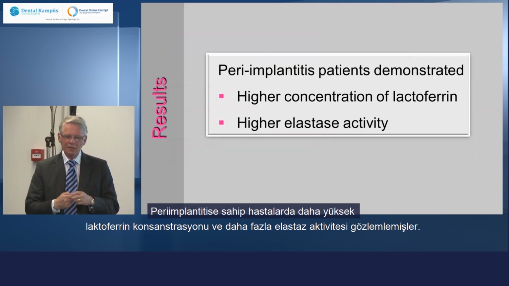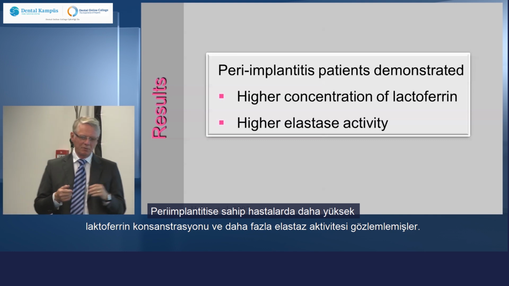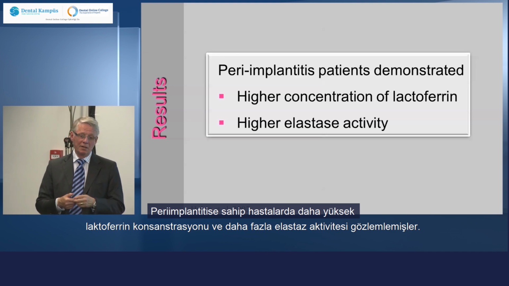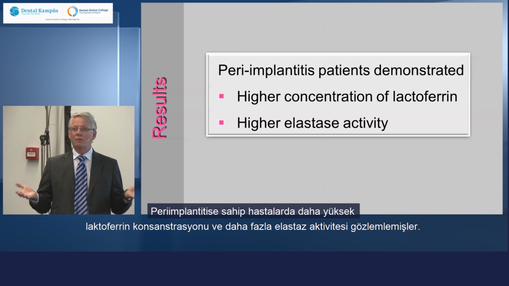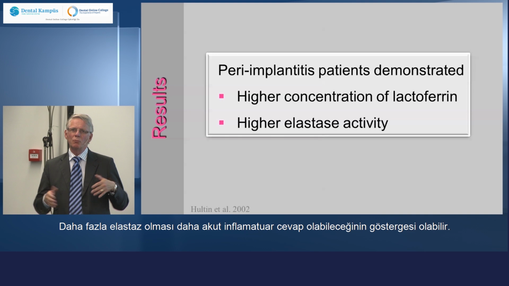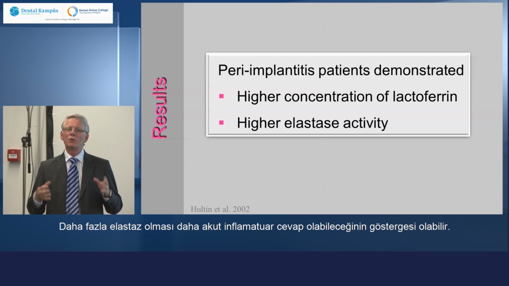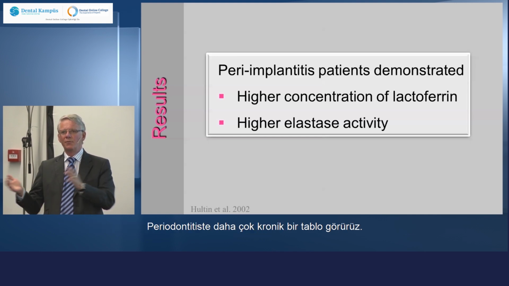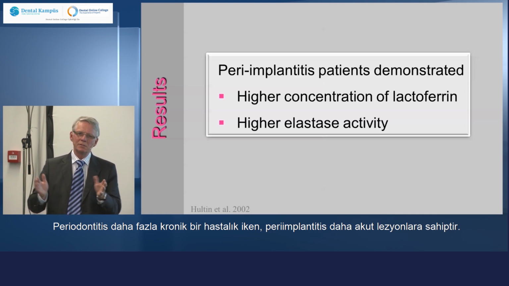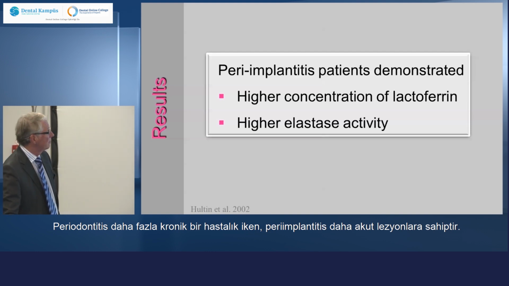They found that in periimplantitis patients, there were higher concentrations of lactoferrin and higher concentrations of elastase and elastase activity. This means that if you have more elastase, it may be an indication of a more acute inflammatory response than what we would see in the chronic way of periodontitis. Periodontitis may be more a chronic disease, and this may have more of an acute type of lesion.